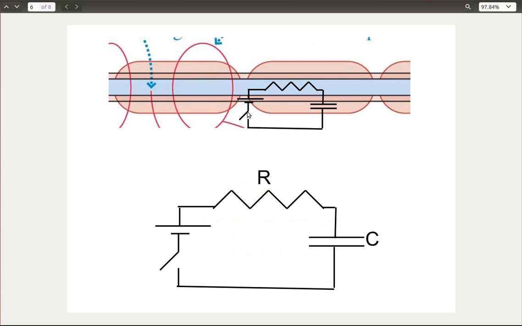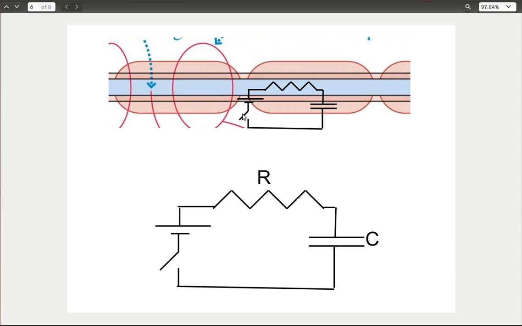Each node you can think of as being a switch. That is, the channel's opening is like a switch being triggered, and kind of like a battery. Here we're kind of modeling the channels as a battery. Current flows along the inside of the axon channel, and then the sheath acts as a capacitor.